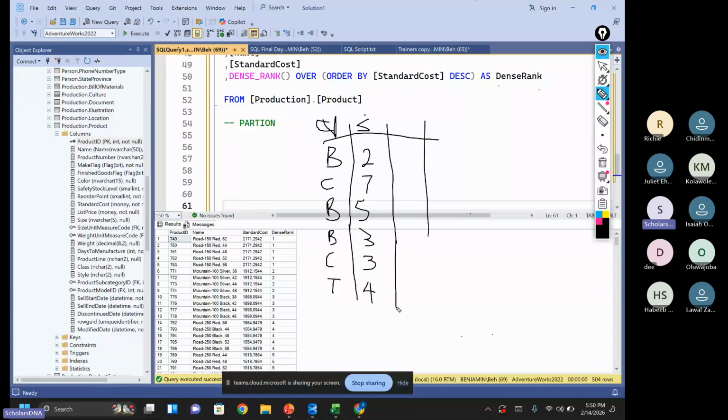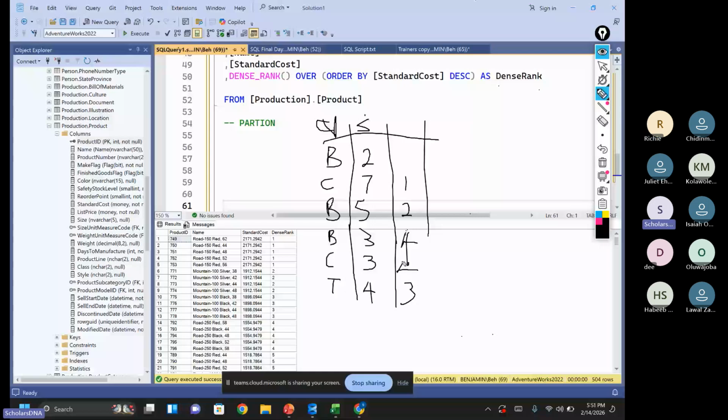Now let's imagine that this is their speed. Now, if I ask you to rank the vehicles, regardless of the brand of the vehicle, if I want you to rank the highest speed to the lowest speed, your ranking will be 1, 2, 3, and this will be 3, 4, 4, and 4.